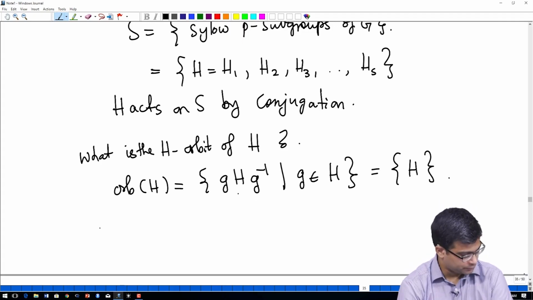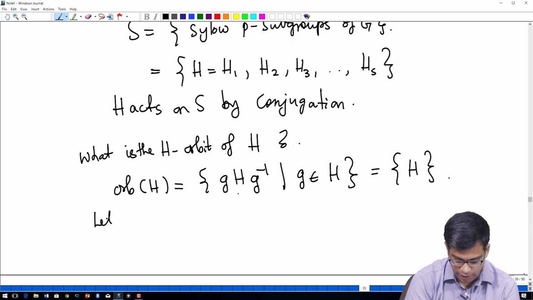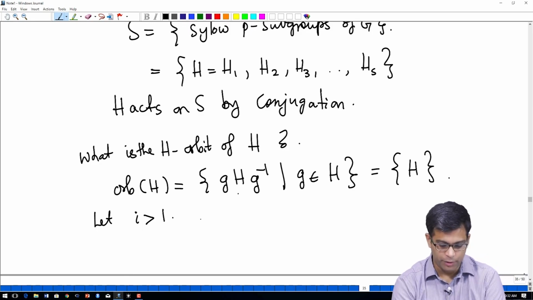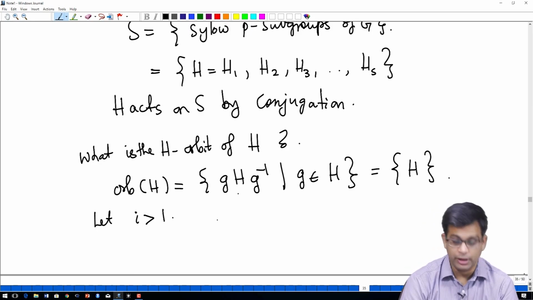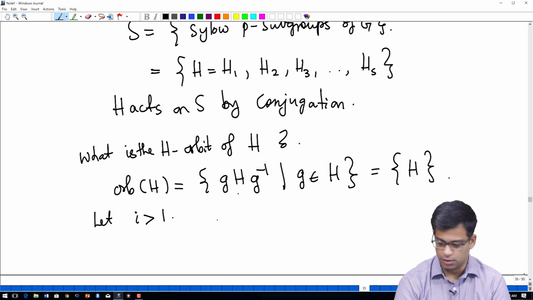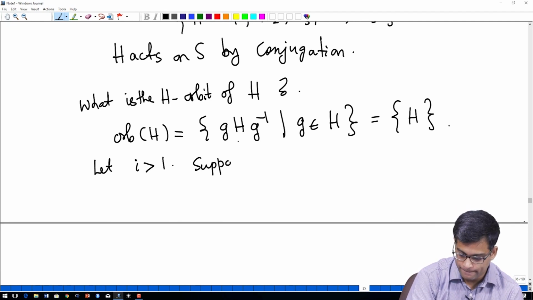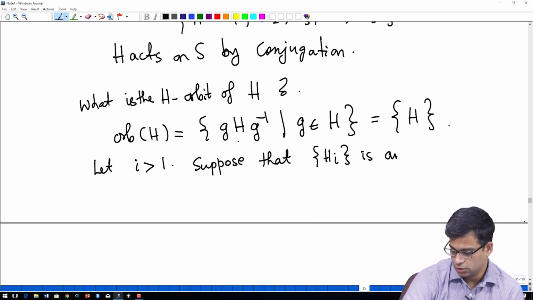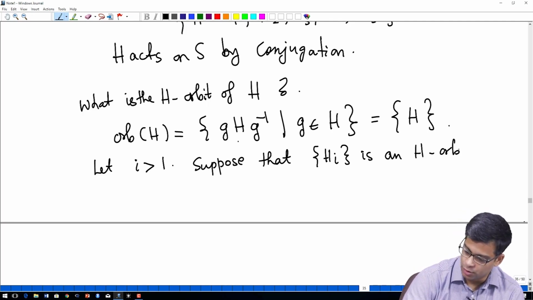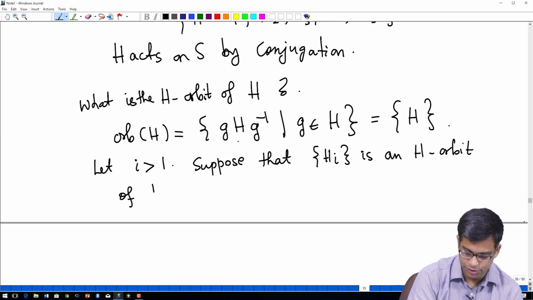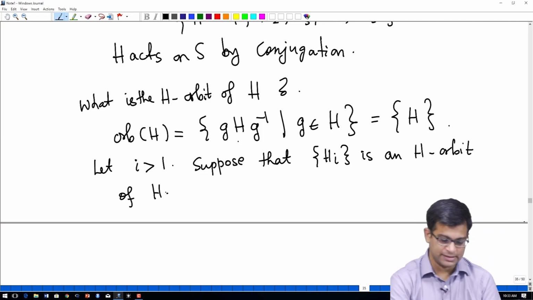Now, choose some, let I be any number bigger than 1. What is the orbit of H I is what I want to think about. For that I will suppose that H I is an H orbit of S, rather.